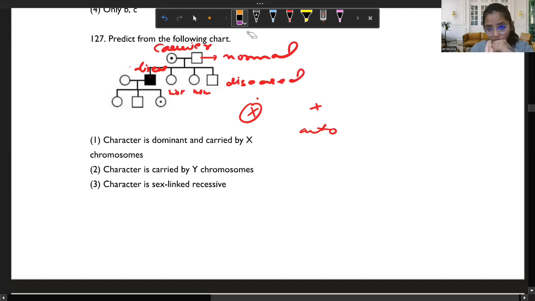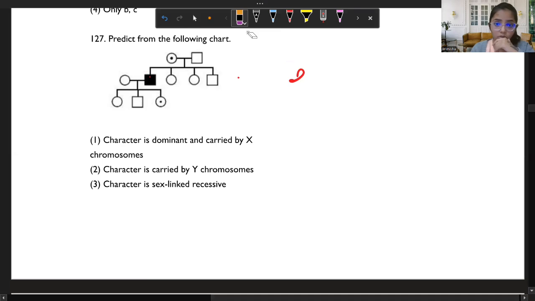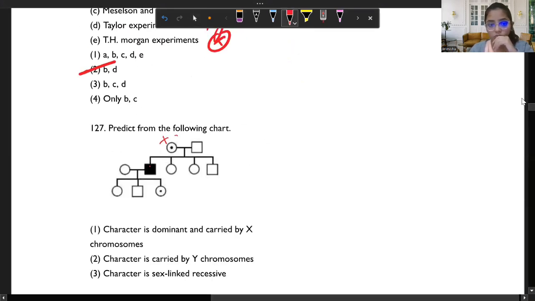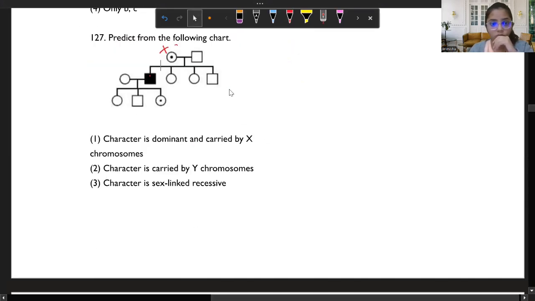Let me tell you how. Let's suppose it is color blindness. This female is not color blind, but she is affected, so XCX, which means she is a carrier. The male is normal, so he has XY.